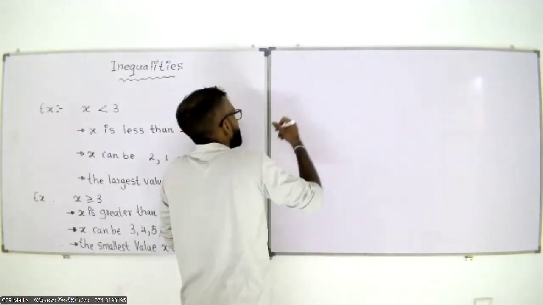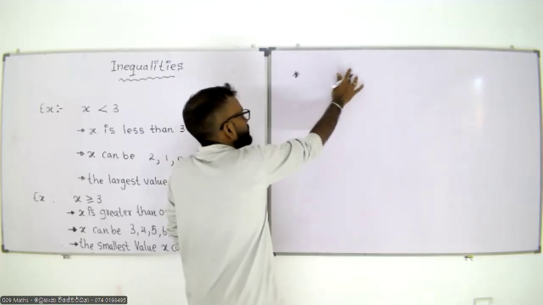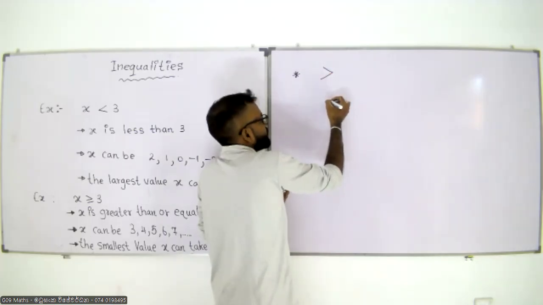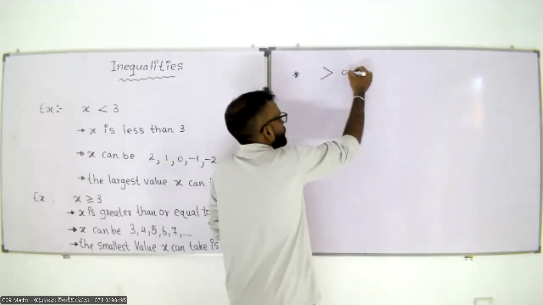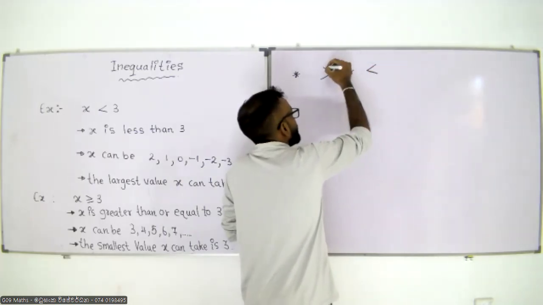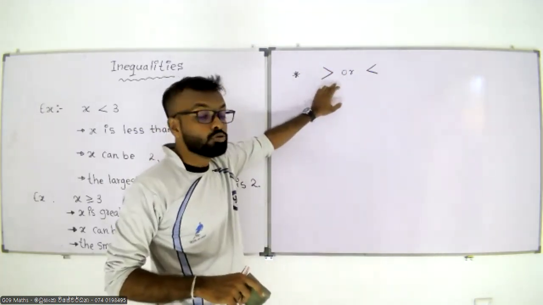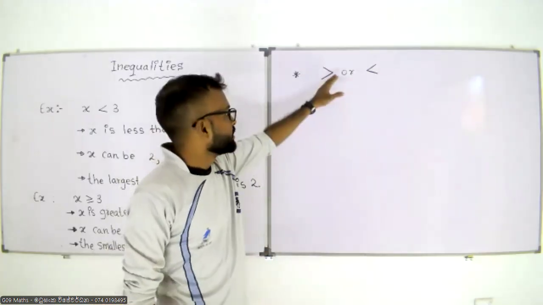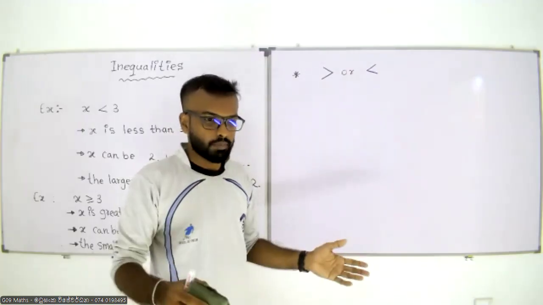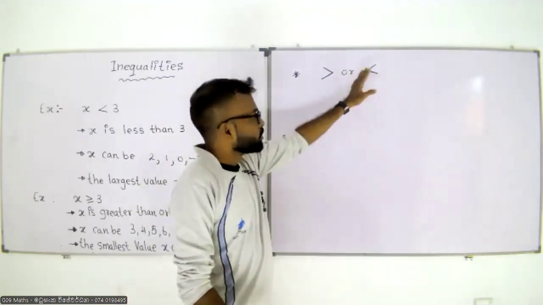Now, when it comes to that part, the important thing is, if you see only this inequality, right? In this inequality you do not have any equal mark, just the inequality with some comparison. This or this.